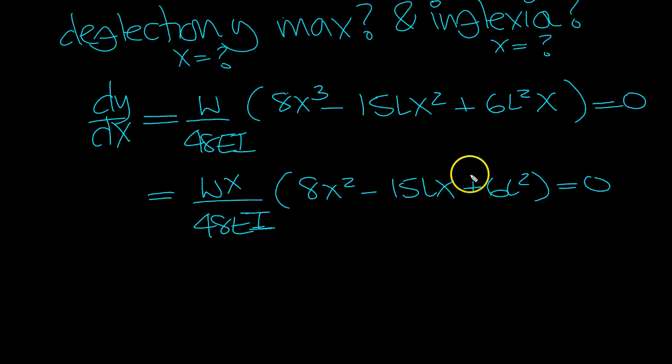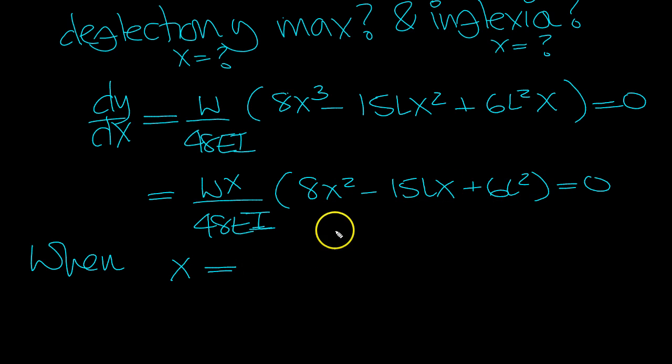This is a quadratic in x, so many x squared, so many x's, and a constant term. So this equals 0 when, now it's going to be when this is 0. When does this quadratic equal 0?